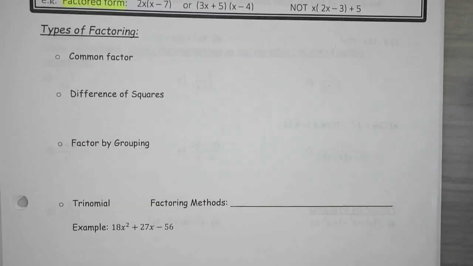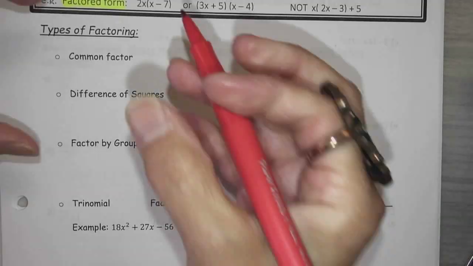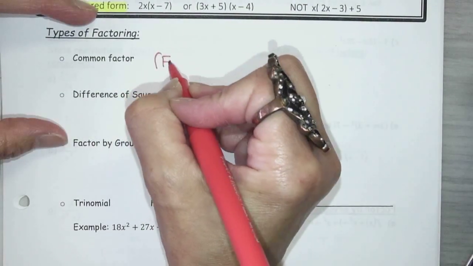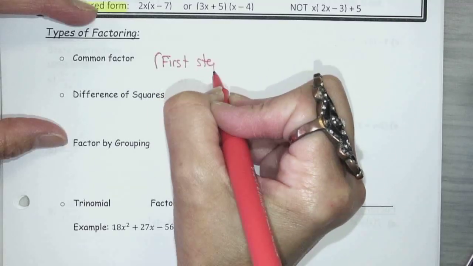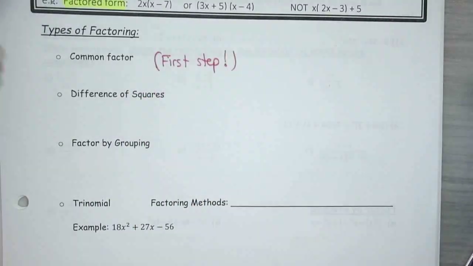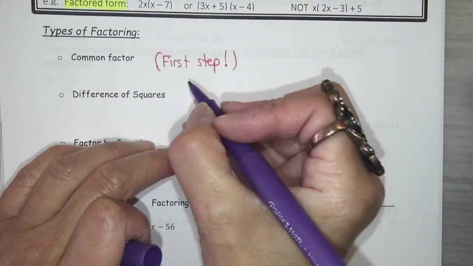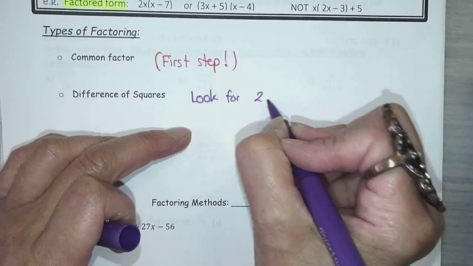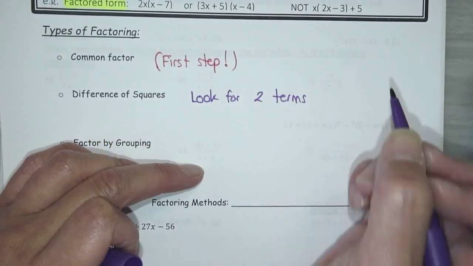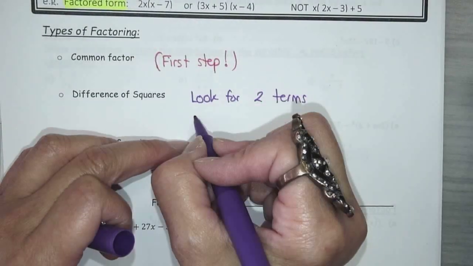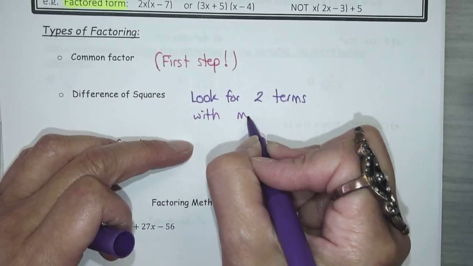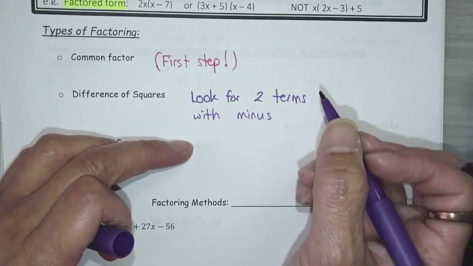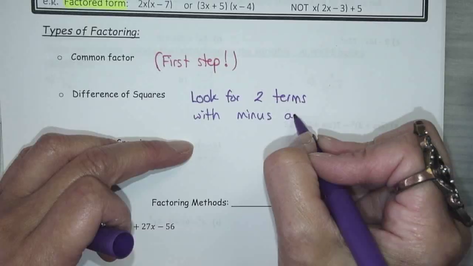One more time. The common factor we always do first. This will always be our first step. The difference of squares, my suggestion would be to look for 2 terms with a minus, and they have to be perfect squares.